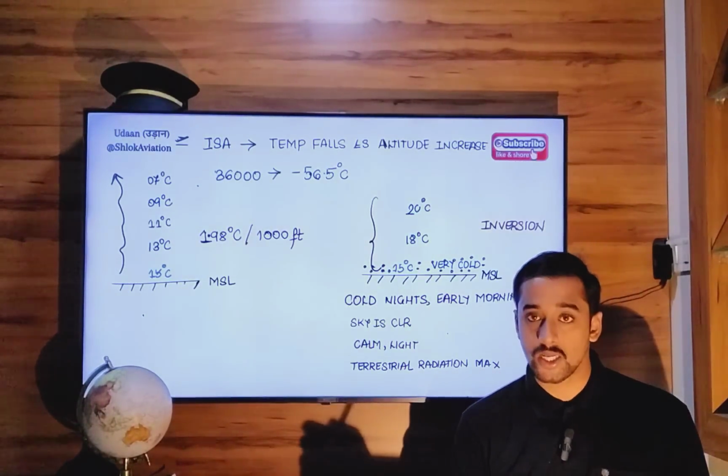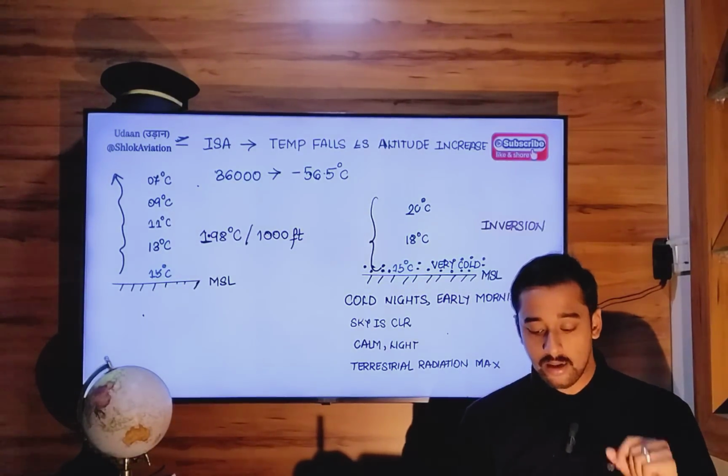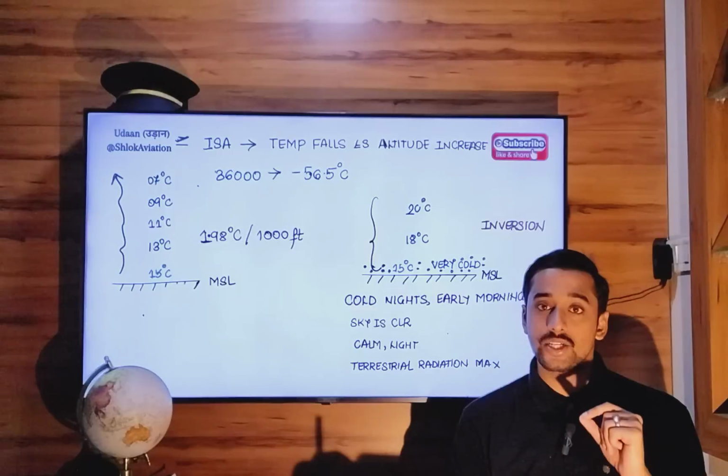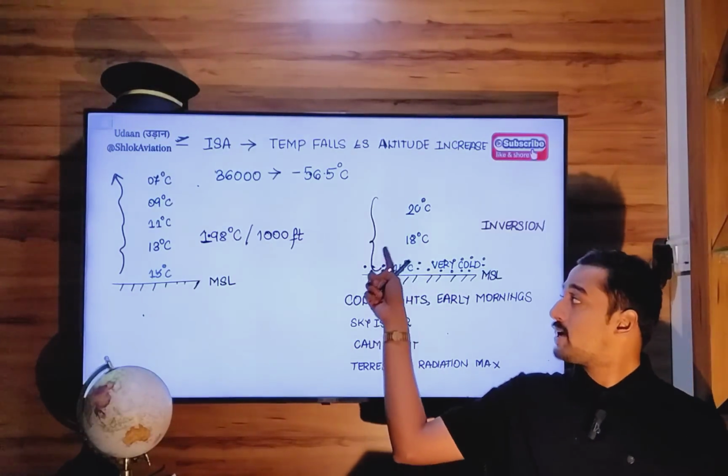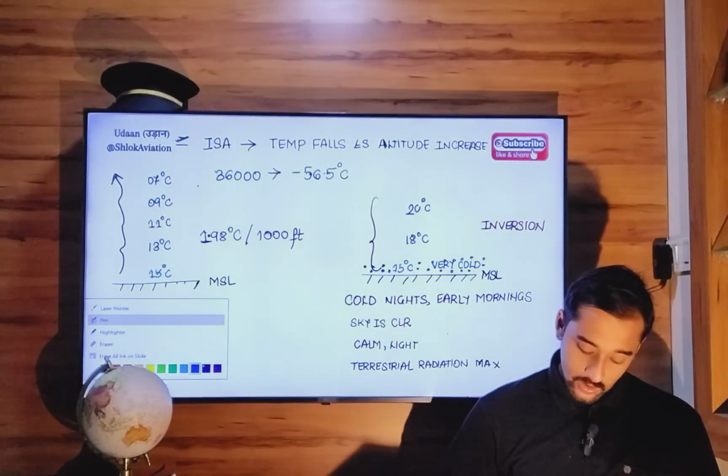So this is inversion. Now, when inversion happens, the pollutants in the atmosphere get trapped in this atmospheric layer.